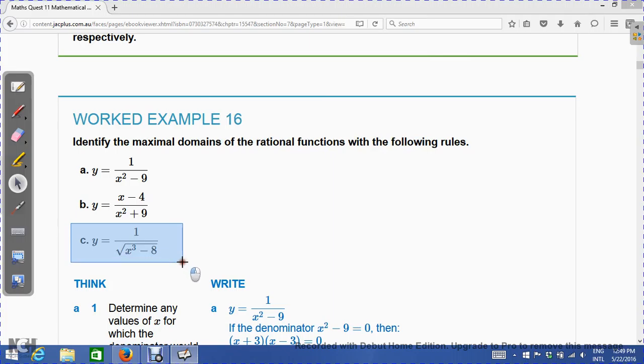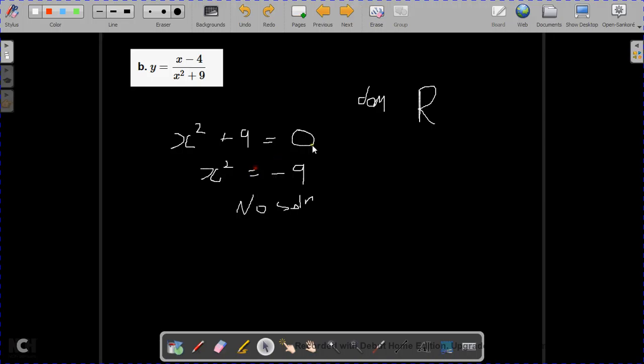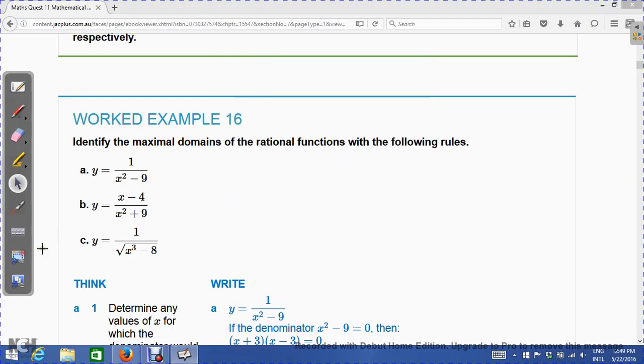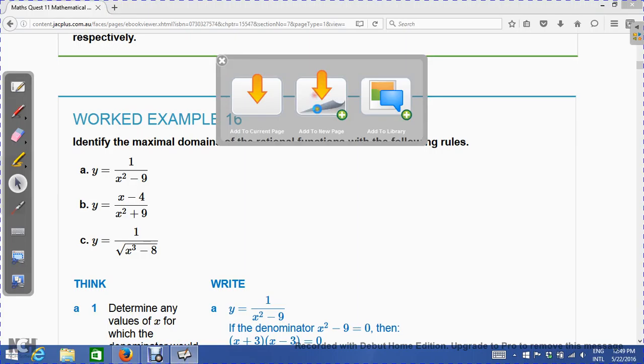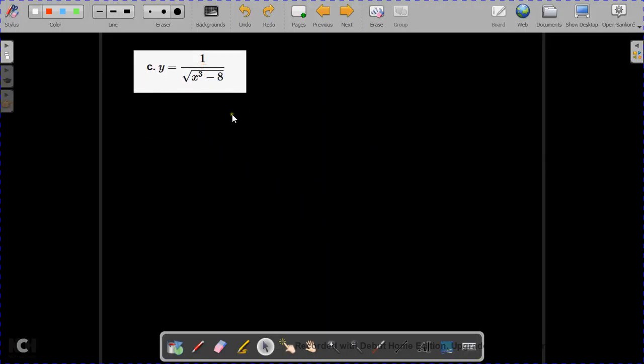And the last example, one over the square root of x cubed take 8. We just look at the square root of x cubed take 8. Okay, when is that denominator equal to 0?